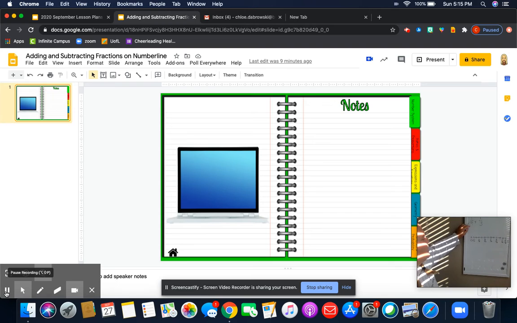So I need to convert 1/4 and 1/3 into 12ths. So again, we're going to keep our denominators as 12. We're still adding. So 4 times 3 is 12. We need to do times 3 at the top. 3 times 1 is 3. So we end up with 3/12.